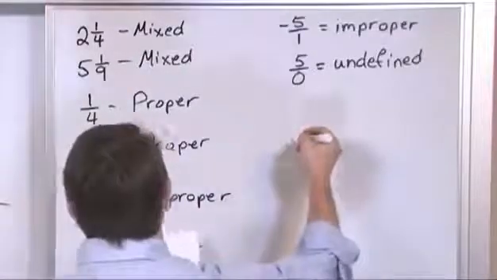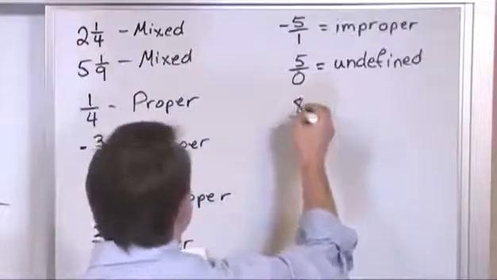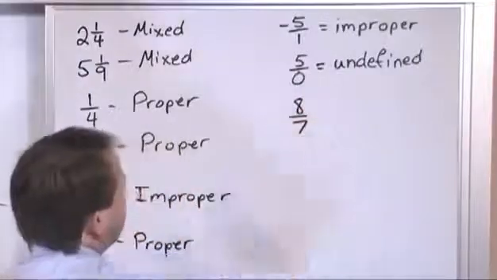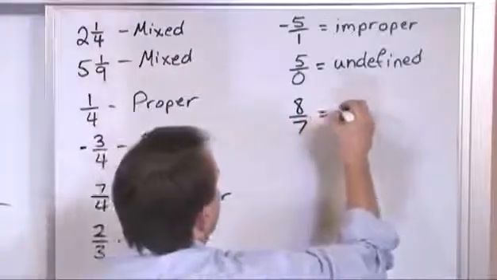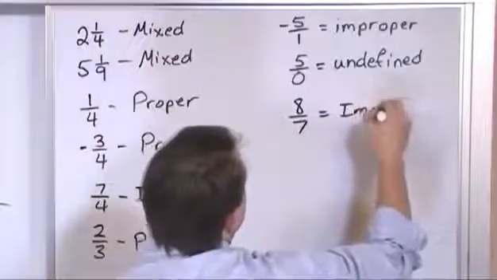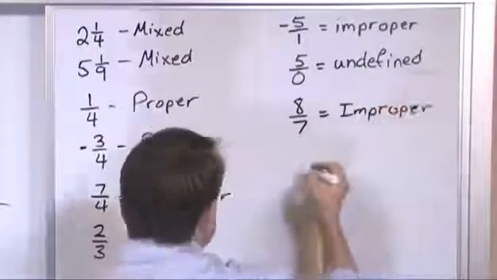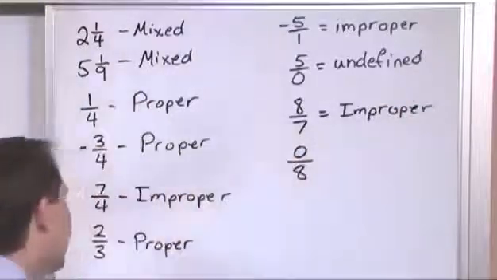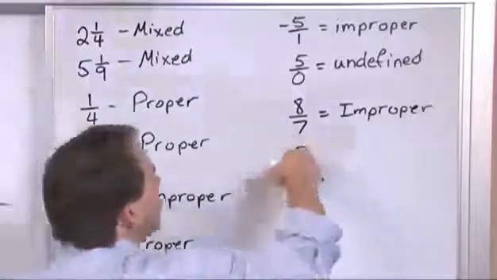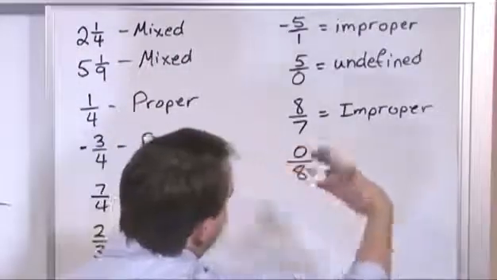All right, so let's say we have the fraction 8/7, or 8 divided by 7 is another way to think of it. Well, that's improper because you have a bigger number on top. Okay, and what about 0 divided by 8? Now, if a 0 is on the top, that's okay, because if you take 0 and divide by 8, you're just going to get 0.